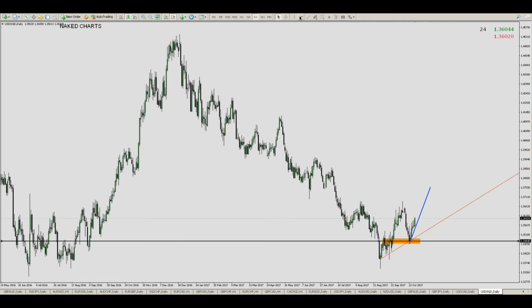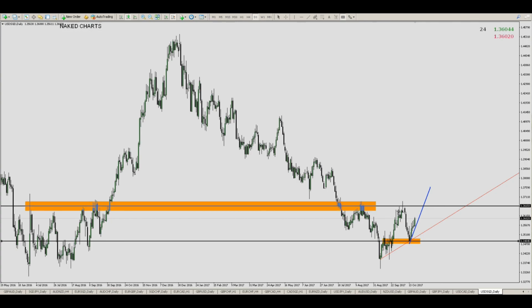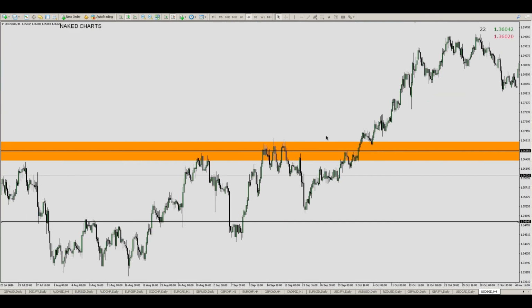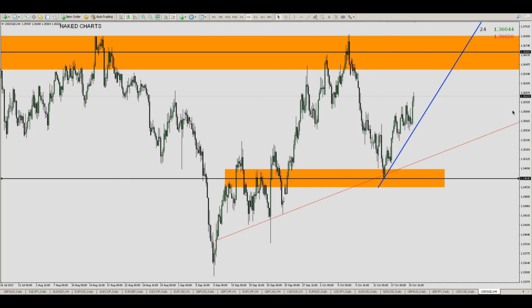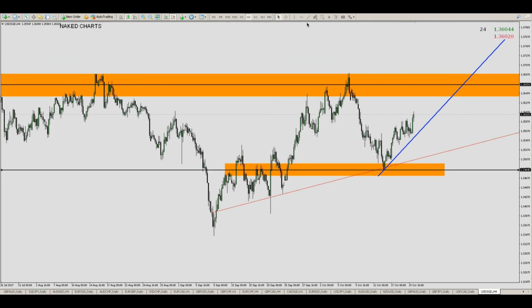But I'm not going to enter to buy here now because of the major resistance that I see. There's a resistance here now, which is not good for buying. What I'm going to do is go down again and do the top down approach. I will wait for the price to break this area and give me some clue whether I need to buy here.